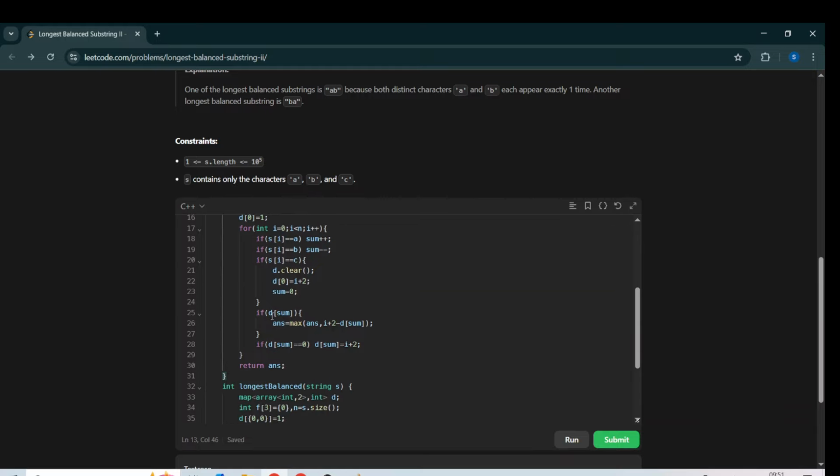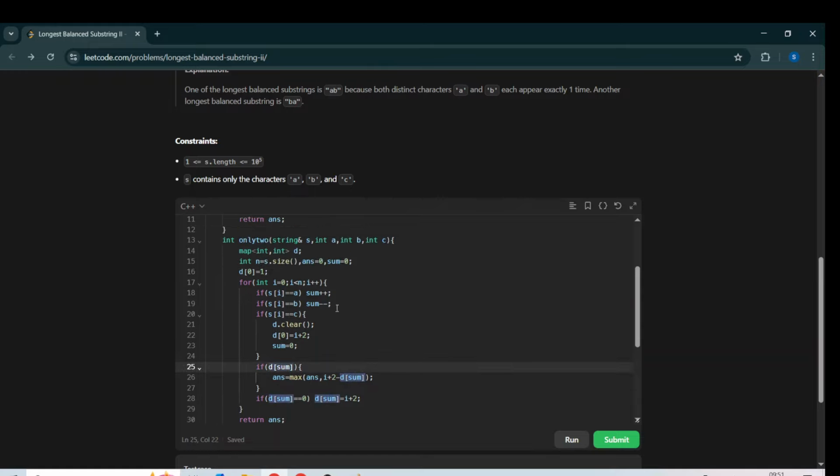Now, if d of sum exists, and again another thing, we are using one based indexing, and we don't want to set something as zero. That's why we have set d of zero as one, and that's why we are checking if d of sum, we are doing answer equals to maximum of I plus 2 minus d of sum.